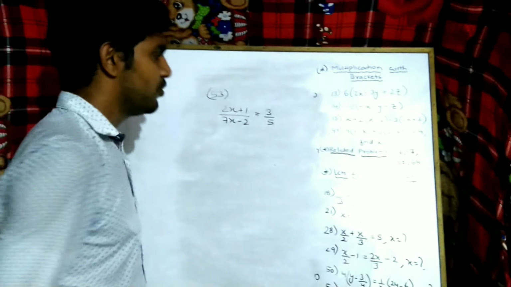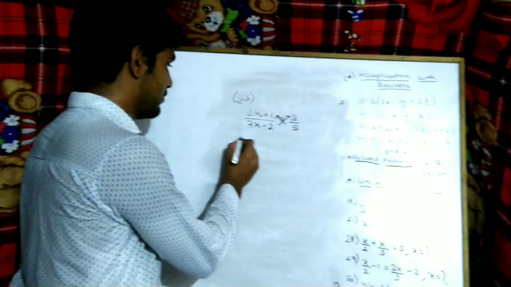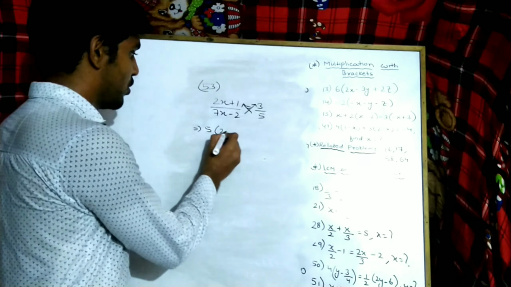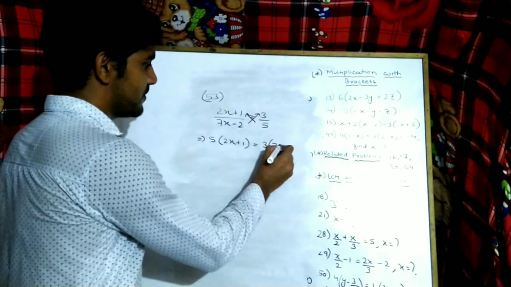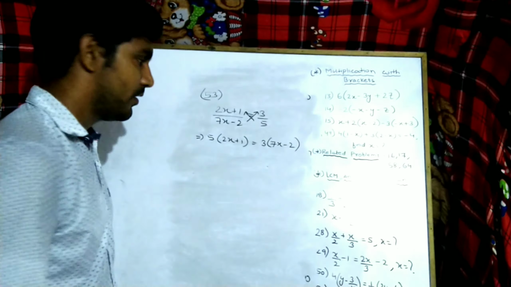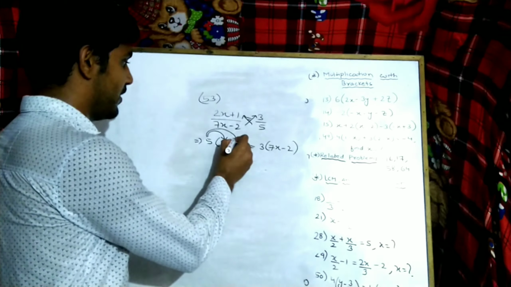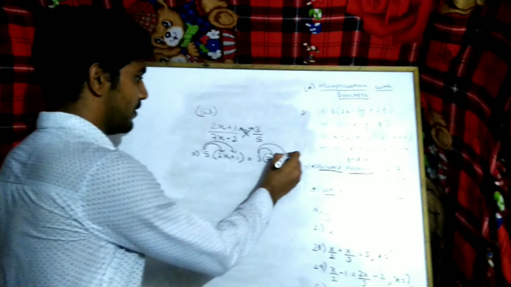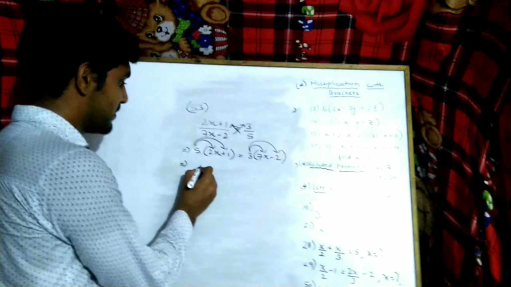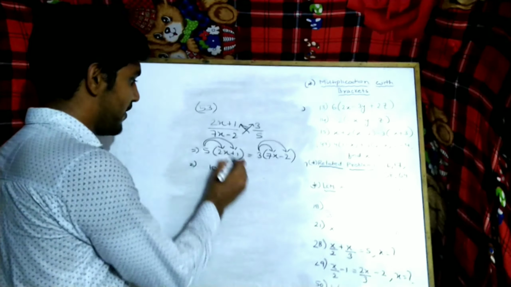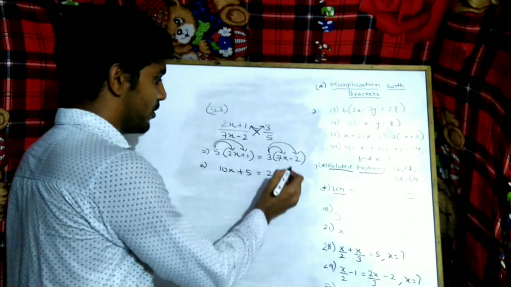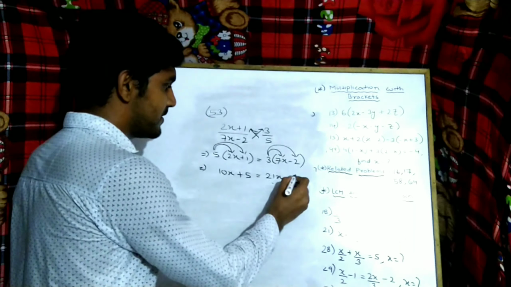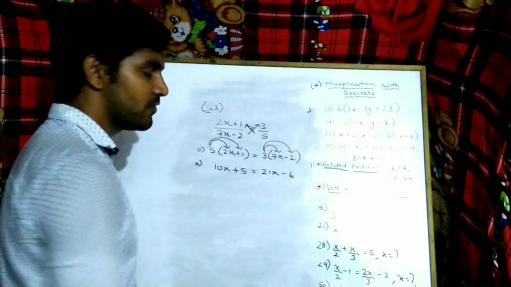You just cross multiply. 5 into 2x plus 1 is equal to 3 into 7x minus 2. Now do one by one. So 5 into 2x comes 10x plus 5 into 1, 5, is equal to 3 into 7x, 21x. 3 into 2, minus 6, because plus minus will be minus.